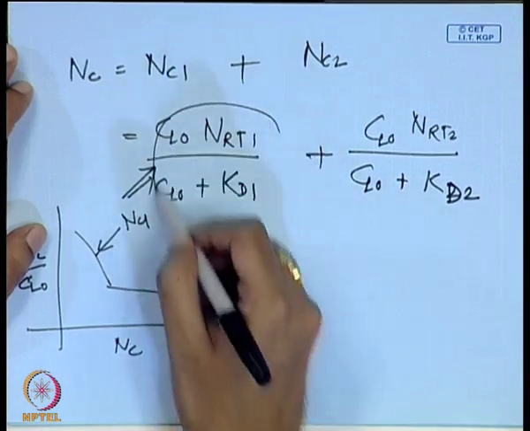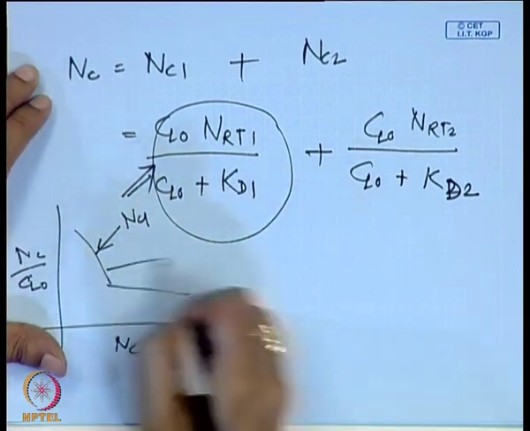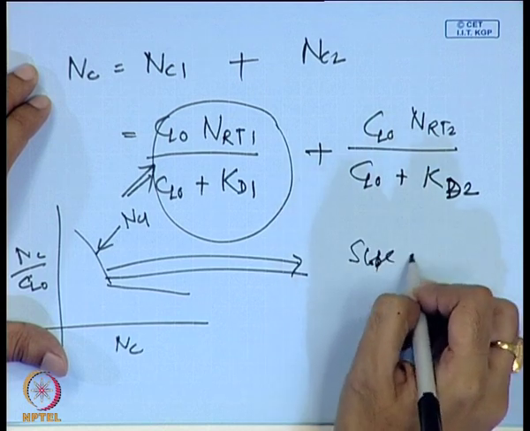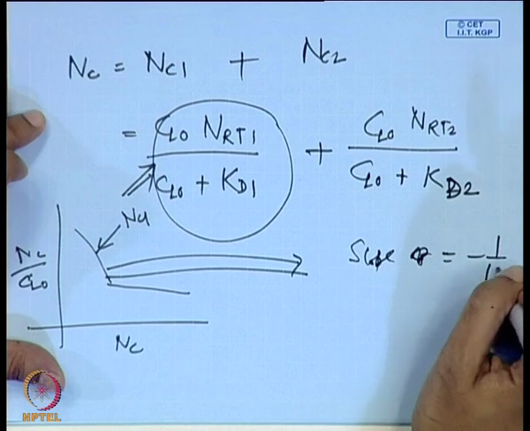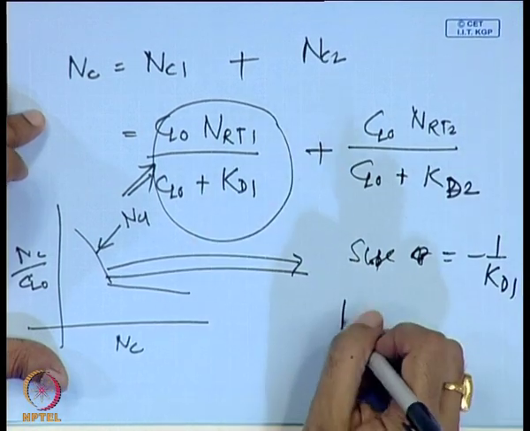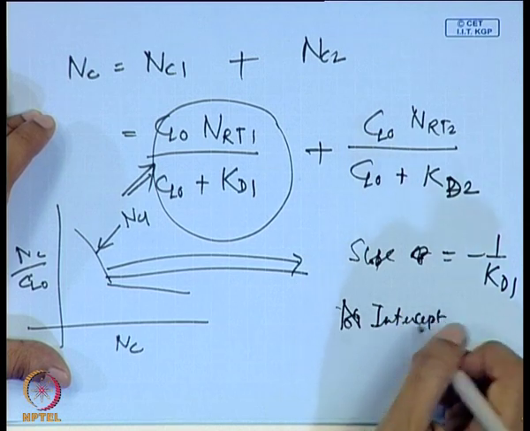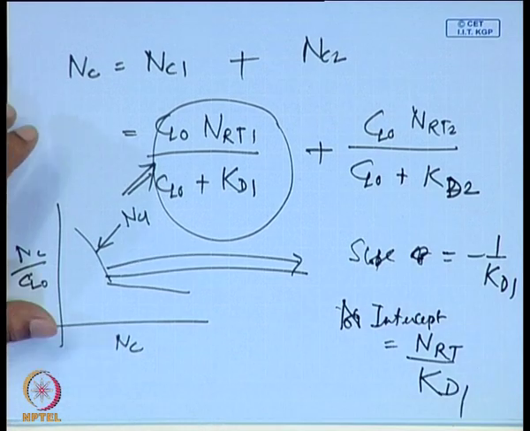So if I take this part of the plot, I can straight away say that the slope of the first part equals minus 1 over Kd1 and the intercept equals nRT1 over Kd1. I can straight away say this.